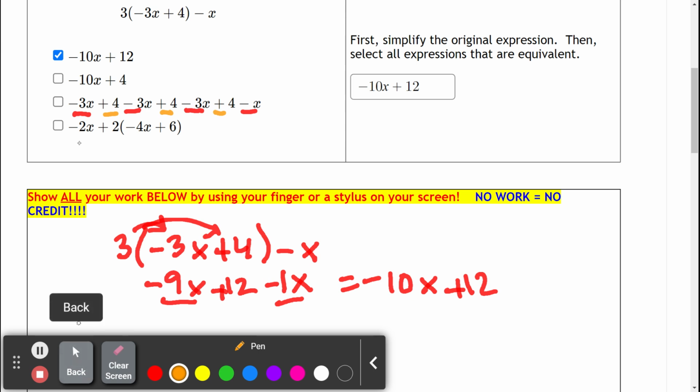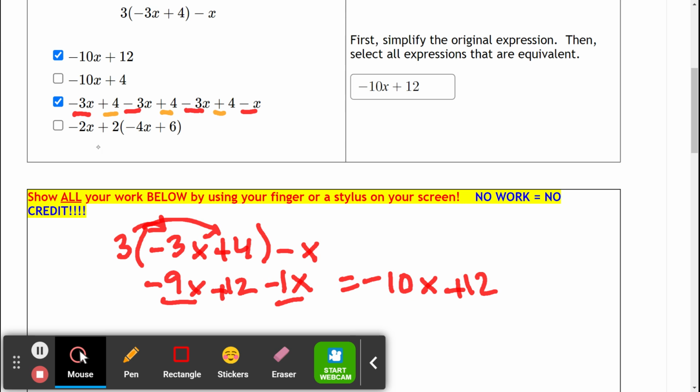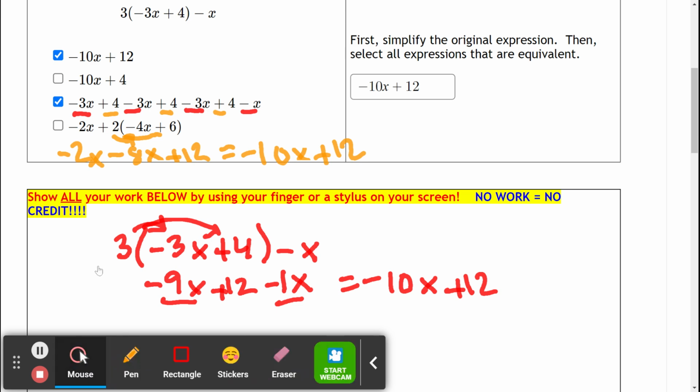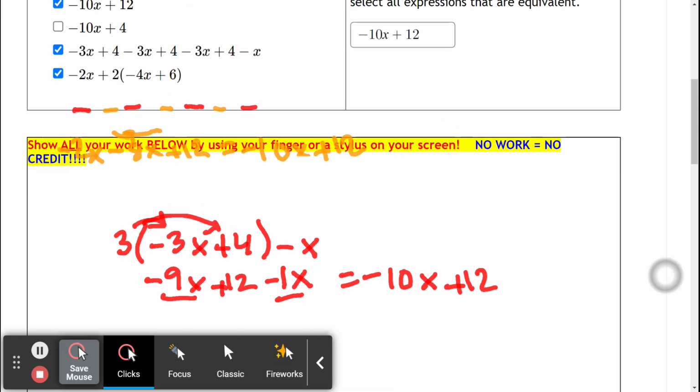That is also one of my solutions. And finally, if I distribute this, that would be -8x, and 2 times 6 is 12, so plus 12. And this is -2x. -2x minus 8x is -10x, and then plus 12, because I didn't do anything with the 12. That's exactly what my expression was before, so that's also one of my answers.